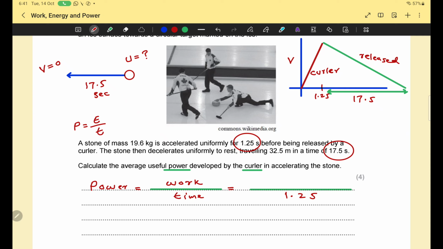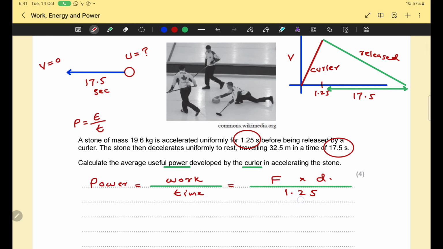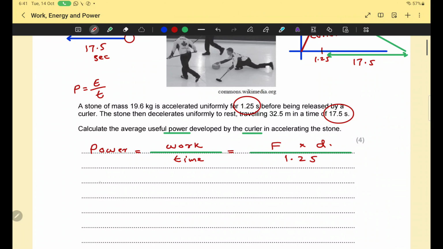Okay. Sir, what about work? Sir, work is force into displacement. Sir, what is force? I am calculating work.